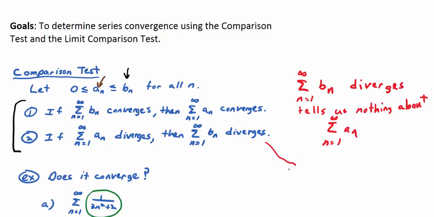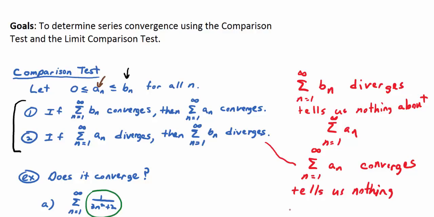And what's a similar statement we could say about a sub n? If the sum from n equals 1 to infinity of a sub n converges, great for the sum of a sub n, but it tells us nothing about the sum involving b sub n. This converges tells us nothing about the sum of the bigger terms, because they're bigger.